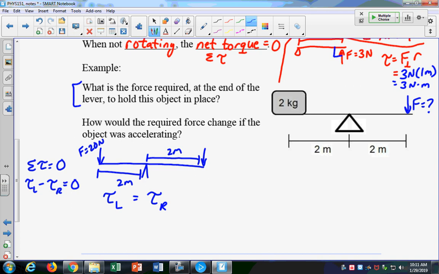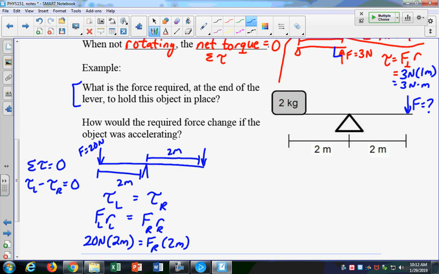All right. So if I wanted to figure this out, I would say F times R on the left is equal to F times R on the right. This is 20 newtons, and this is 2 meters. So F times 2 meters has to equal 20 newtons times 2 meters. Listen, you'll do some math in this class.